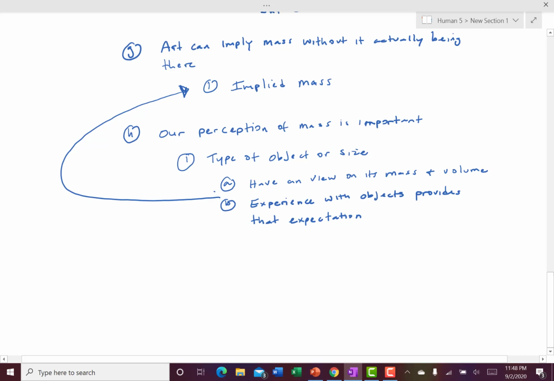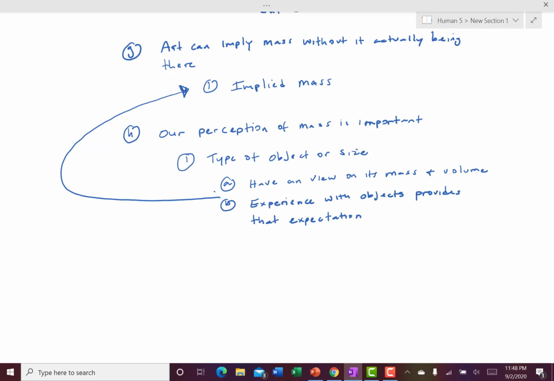Well, my perception of the volume and mass of a feather already comes from interacting with a feather. But now I've been almost subverted by this because there was an implied mass of the pencil because of how they created it, and yet it was not that actual mass. And it might be the right volume, where it's the actual volume of a pencil, but the mass was implied. And I'll show you an example of this in just a second.